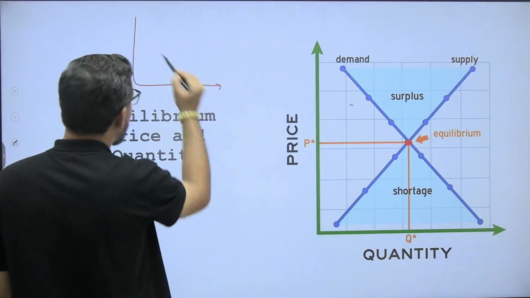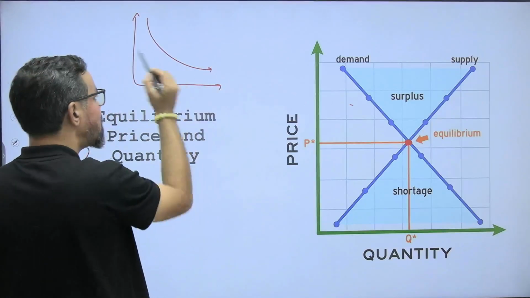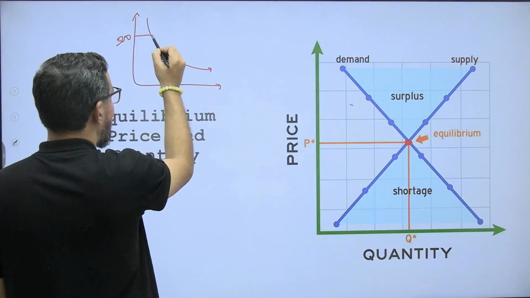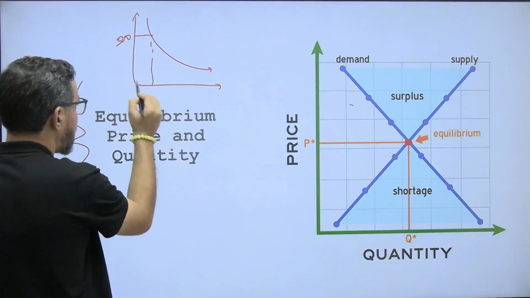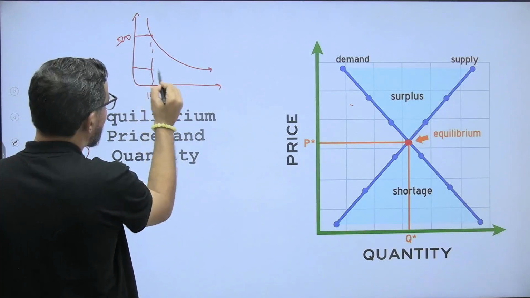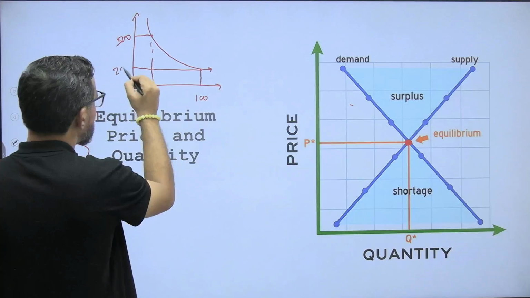First, let's say this is the demand curve. The seller wants to sell this marker at 500 rupees, but there are very few buyers, let's say 10. If they want to sell this particular one at 200, there are 100 buyers. This is the point, 200.